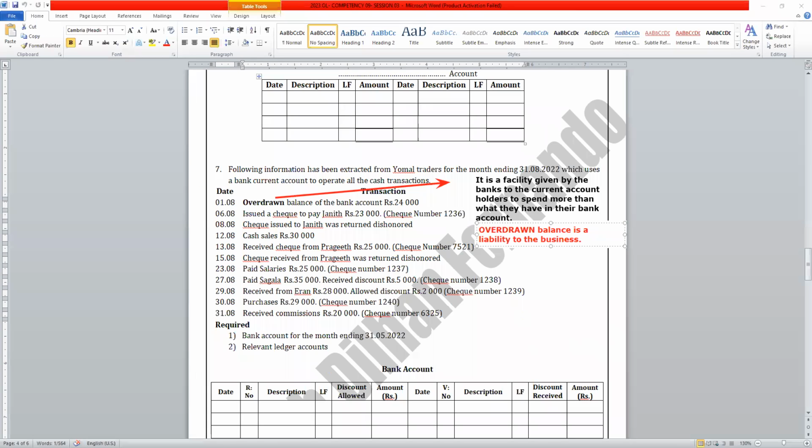Write that down too. This is the last time I will talk about this in grade 10. Overdrawn balance is a liability to the business. So tell me if you have finished writing that part. Have you finished?